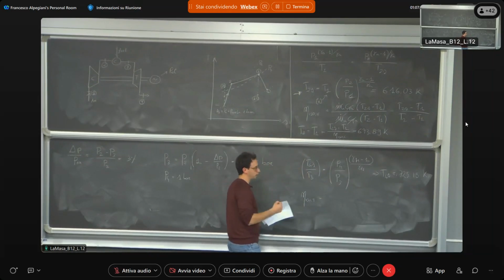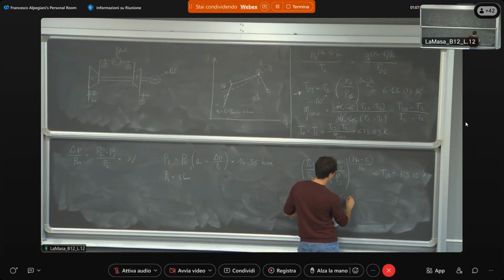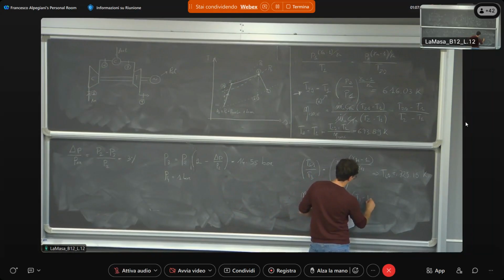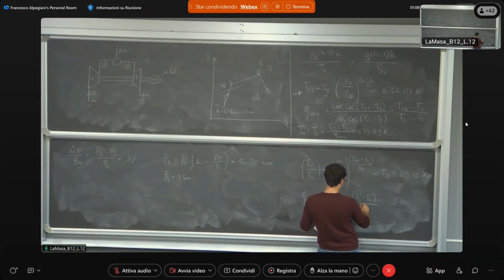In the ideal case, we expand more, so m of the flue gases times the Cp of the flue gases times T3 minus T4, this is the real work in the real expansion, divided by m of the flue gases times Cp of the flue gases times T3 minus T4S.